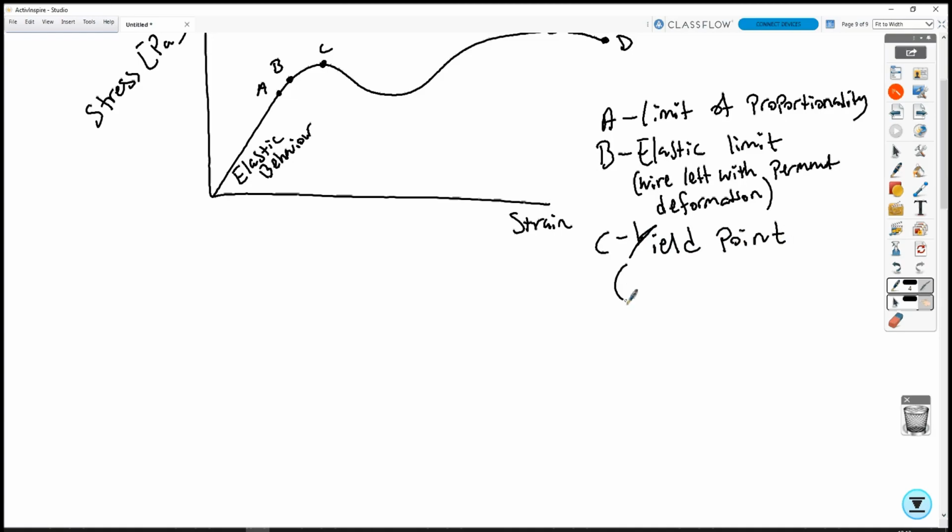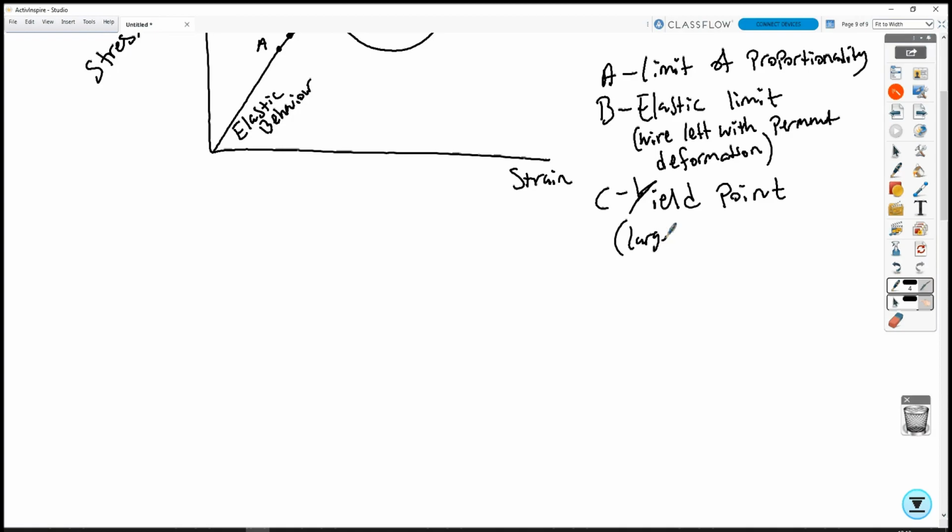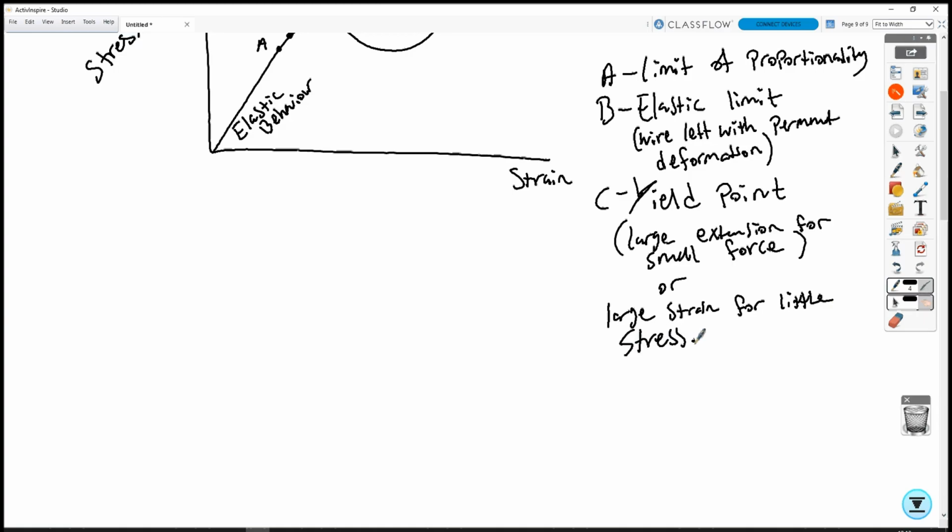So the yield point, wire stretches a lot or large extensions for small forces. Or you could say large strain for little stress. At that point, the yield point, the wire has now weakened.